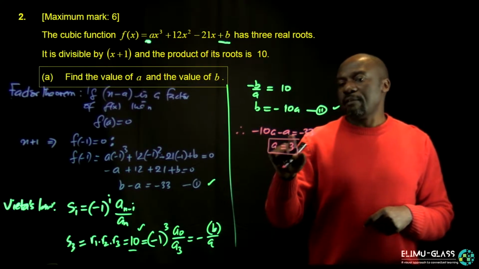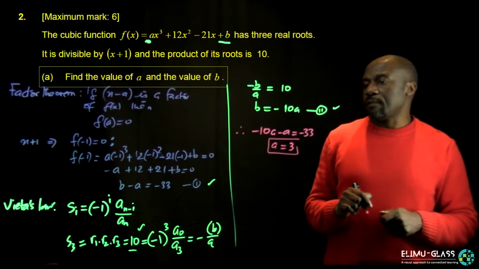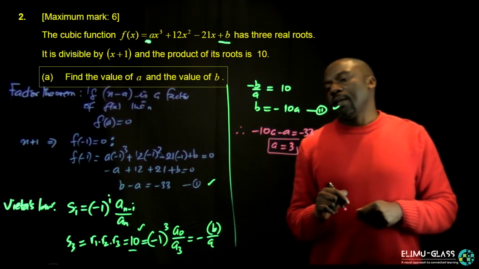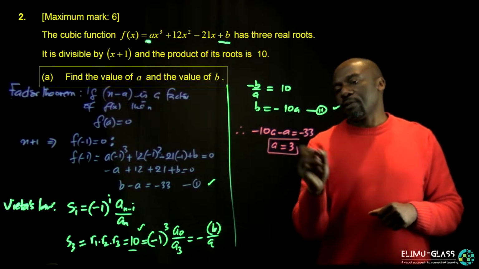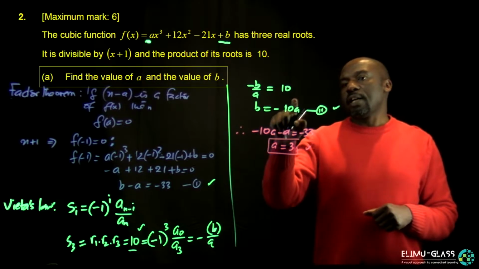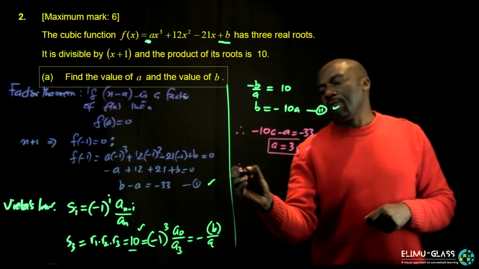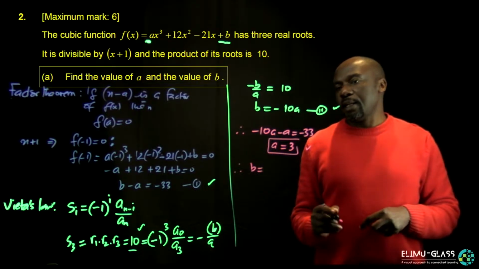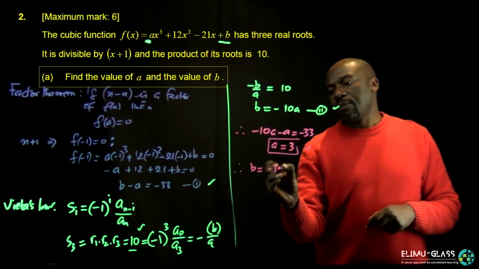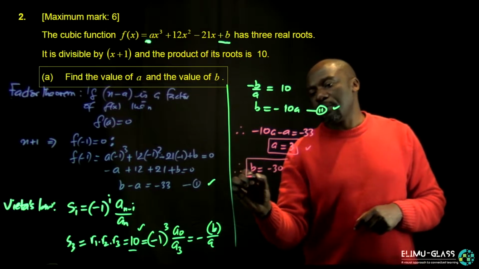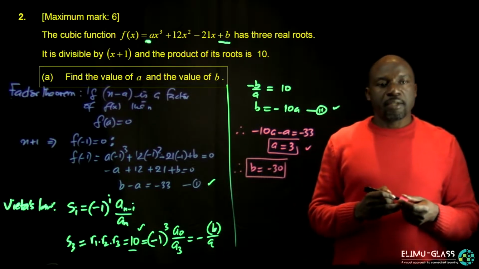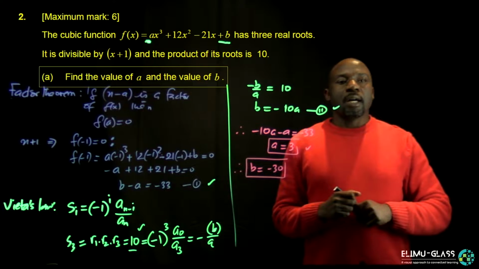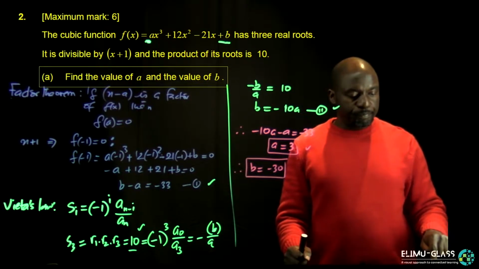This is negative 11a equals negative 33, so negative 33 over negative 11 should be 3. So that's the value of a. Substitute that into equation 2 and therefore b is minus 10 into 3, negative 30. So this is the value of b. So that is part A of the problem. We go to part B.